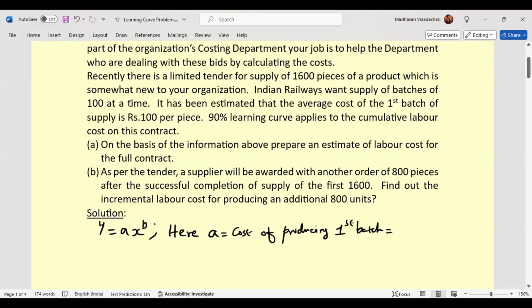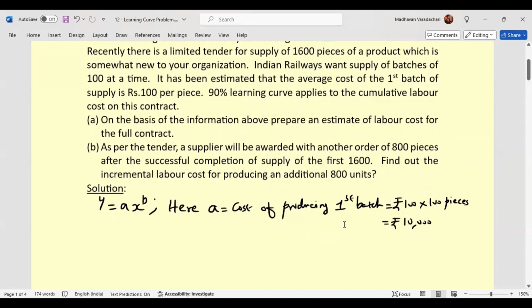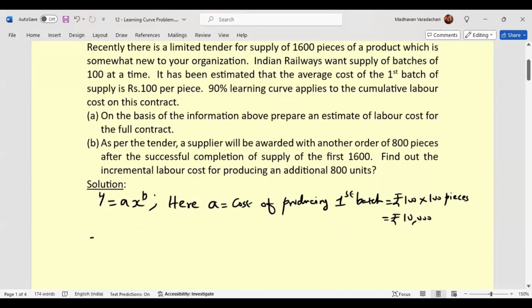Indian Railways wants batches of 100 at a time. That means the first batch will have 100 units, and per piece it is going to cost rupees 100. That means it is rupees 100 multiplied by 100 pieces, and that will work out to rupees 10,000 for the first batch.